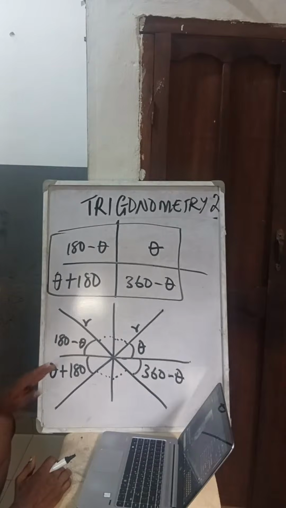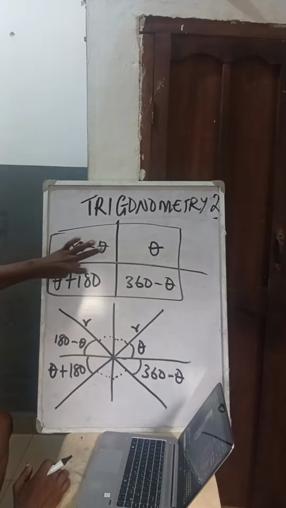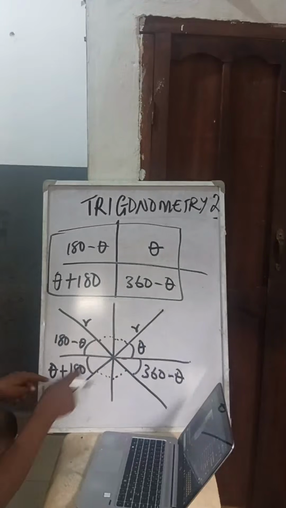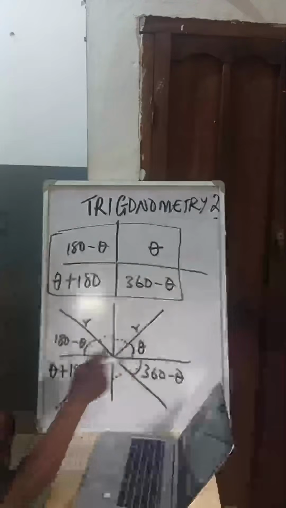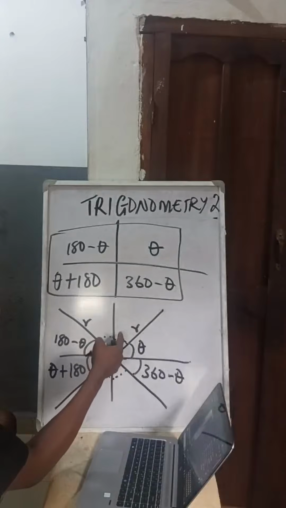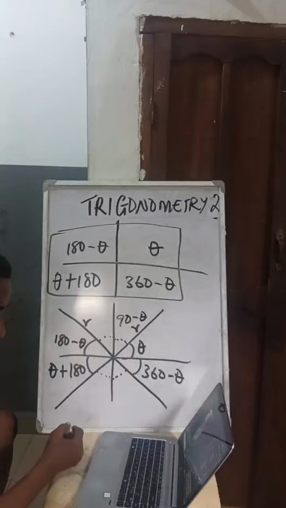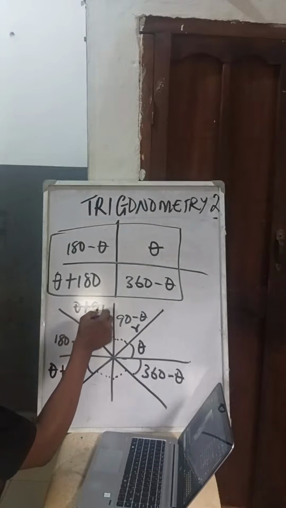Have you seen it? That you can see theta, 180 minus theta, theta plus 180, and 360 minus theta. But in secondary school, they told you 180 minus theta. But here, do you know what you have here now? Look up, so that you understand. Do you know what you have here is 90 minus theta? Do you know what you have here is theta plus 90?